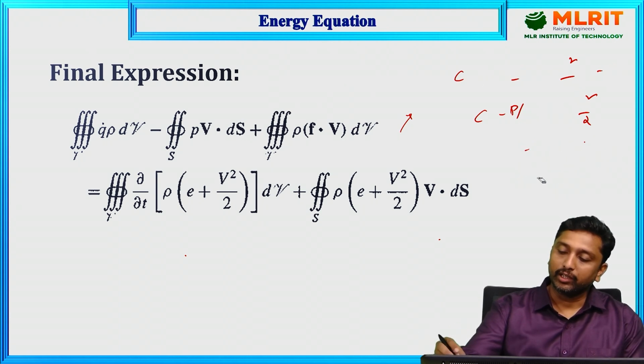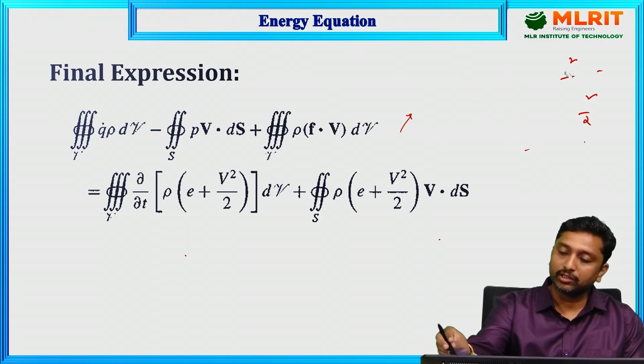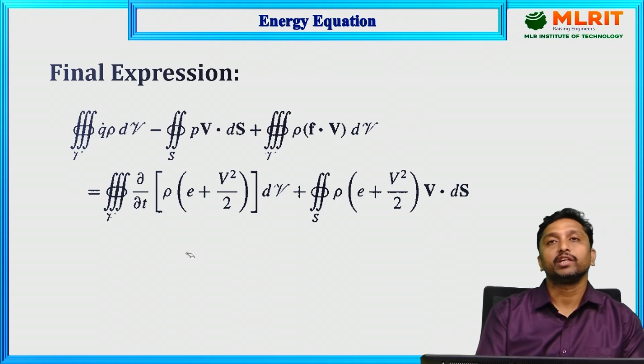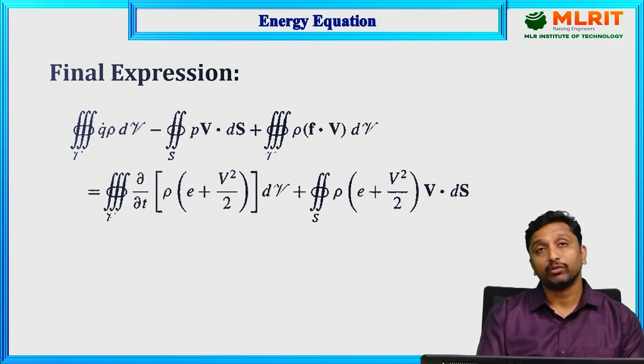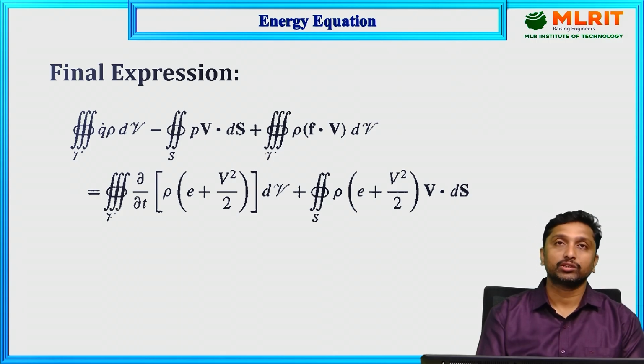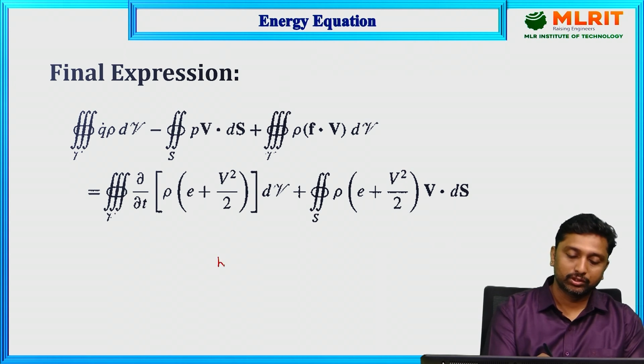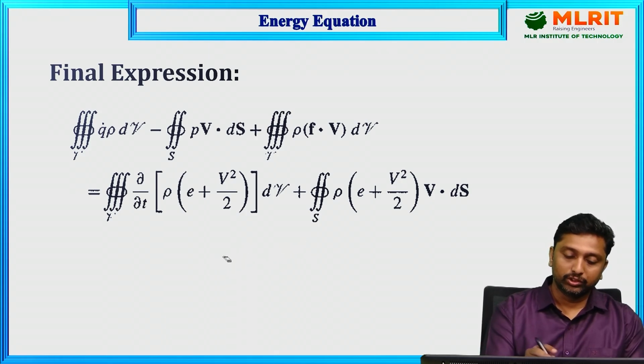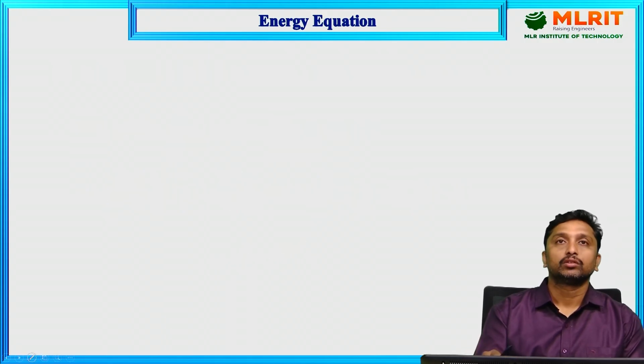At the end, we reduced the energy equation to various cases, including steady inviscid flow and steady inviscid flow with no body forces, and the final expression for one-dimensional flow is H plus V square by 2 equals constant. So this is today's session. Thank you all.